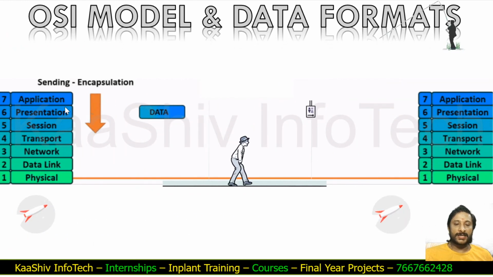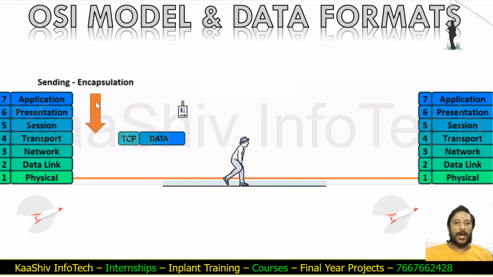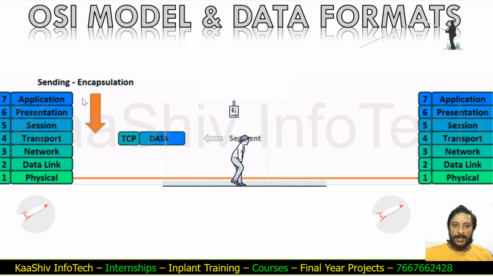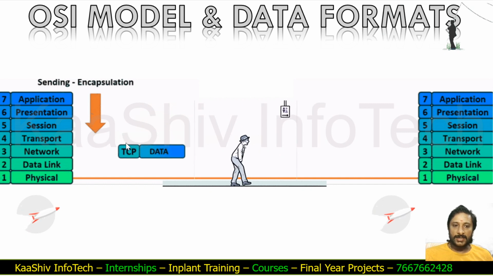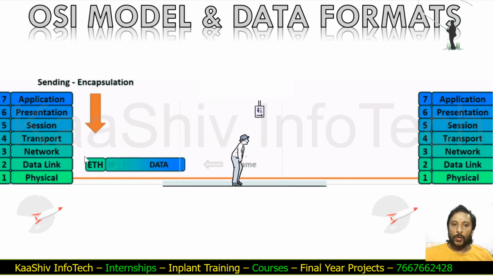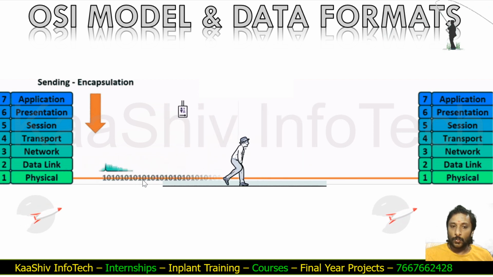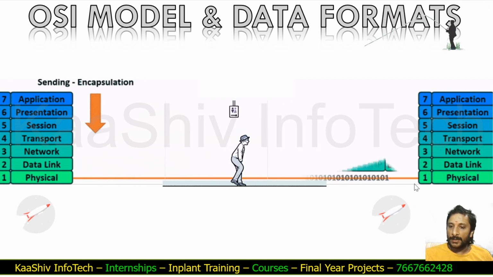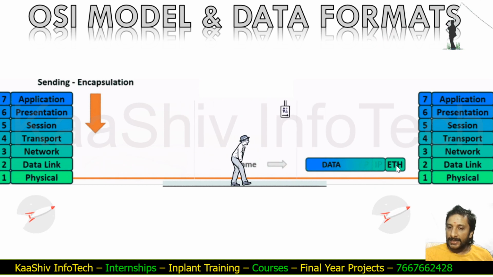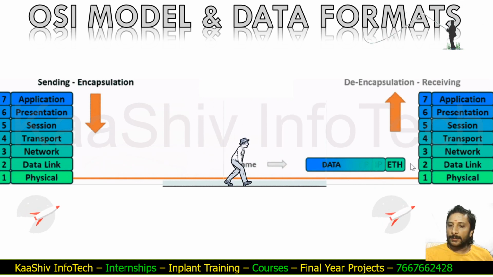See, actually I'm sending a message to my friend Sudesh: "Hi, how are you, man?" The data is there, and encapsulation happens: TCP will be added, here IP will be added, over here the Ethernet data will be added, and this data will become zeros and ones, and the communication is happening. Over here I got this data, the Ethernet content is removed.